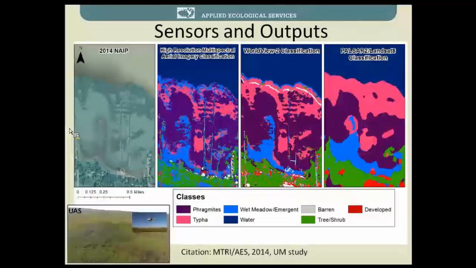So figuring out what imagery and what sensor provides for the best detection and best mapping is important, and even more importantly, it's pretty straightforward to map large monotypic populations of Phragmites, but that's the easy part. That isn't what we really need to focus on.